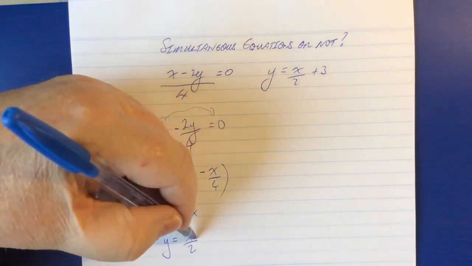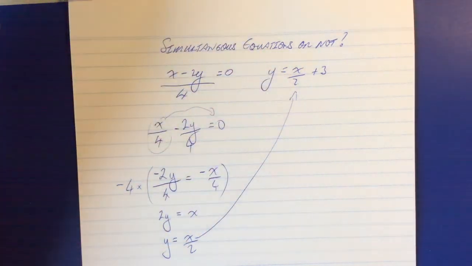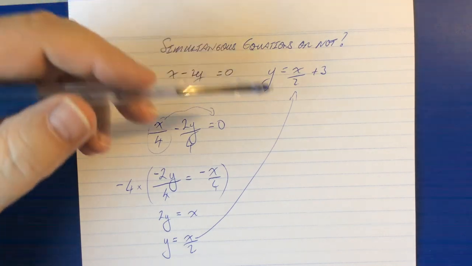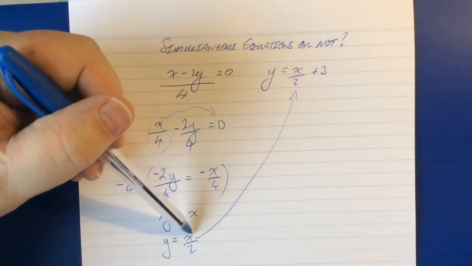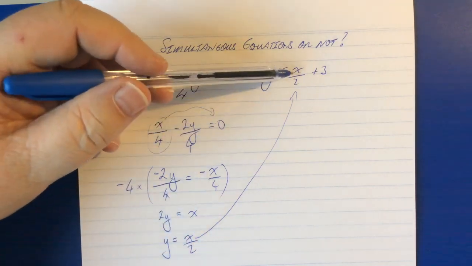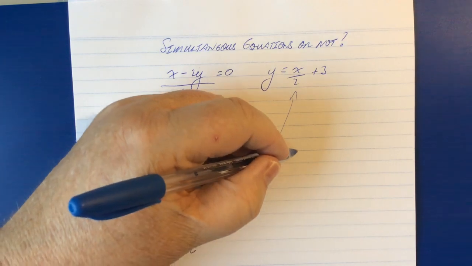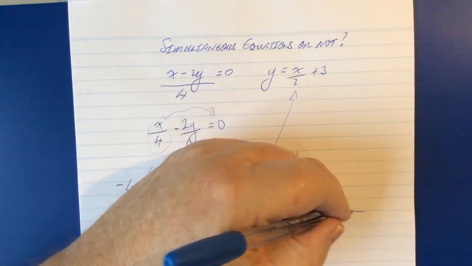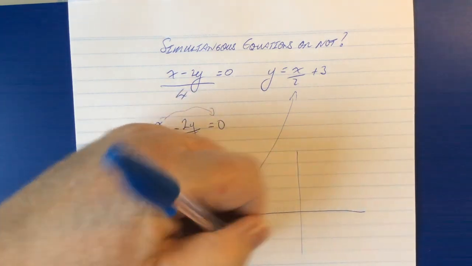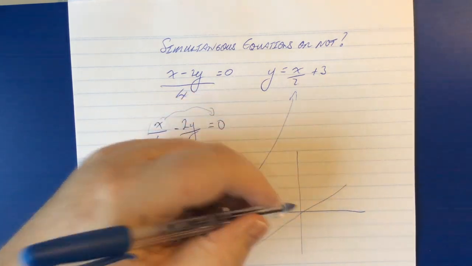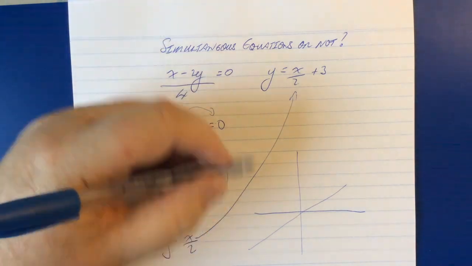Now, you will notice that the gradients are the same. Alarm bells should ring. The other thing that you can probably see is that there is no way that x over 2 is going to equal x over 2 plus 3. Indeed, it doesn't. So if we were to draw these very quickly on here, y equals x on 2 would pass through the origin and have a gradient of a half.